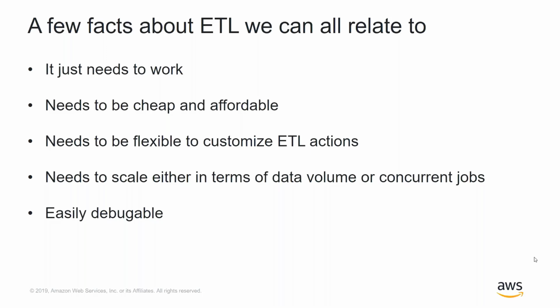Next, it needs to scale in terms of data volume and also concurrency. This is extremely important, because if you write a process today and you are ingesting and transforming, let's say, 25 gigs of data every time the job runs, your business is going to grow, your user base is going to grow, and you'll be moving a lot more data tomorrow.